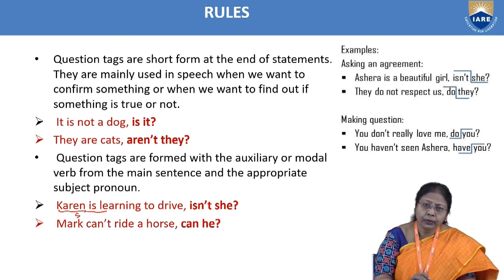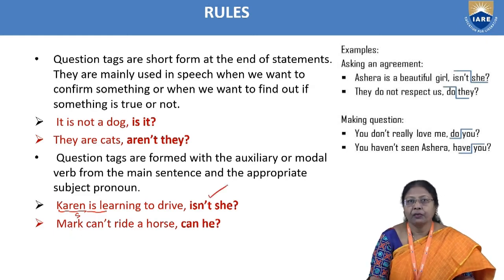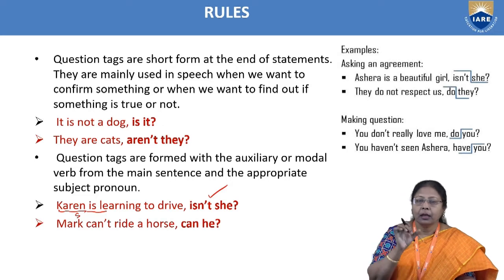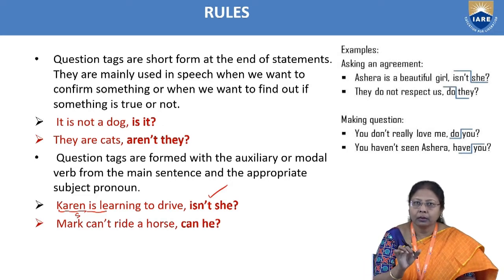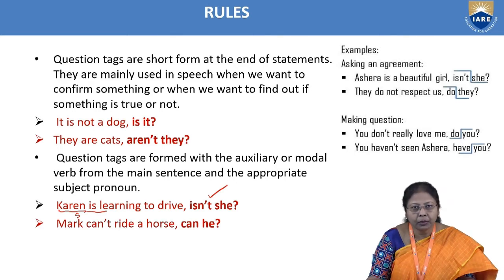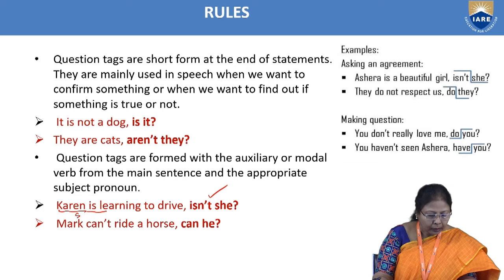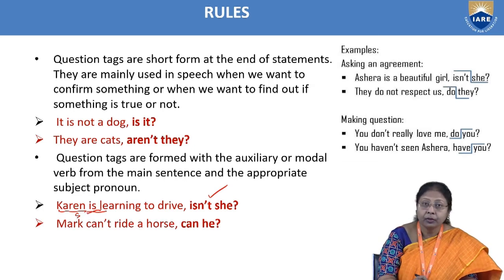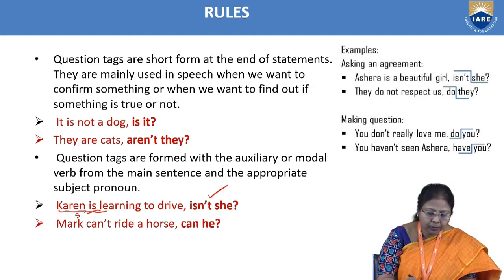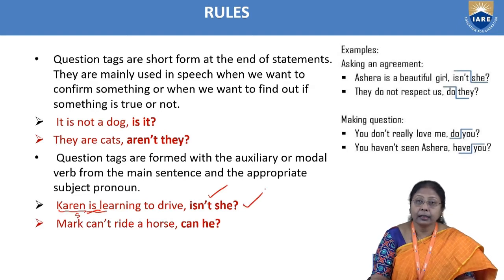Learning is also a verb, but here we have taken the auxiliary verb for the sake of question tags. We use auxiliary verbs only in question tags, not main verbs. Though we have main verbs in the sentence, to form question tags we prefer auxiliary verbs or modal verbs only. Is is an auxiliary verb, which we also call a helping verb. So taking this is, we have framed the question tag isn't she?